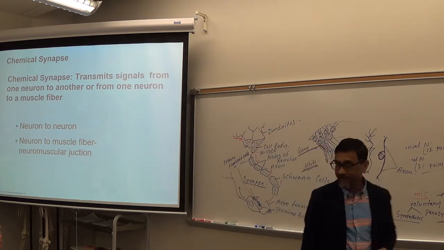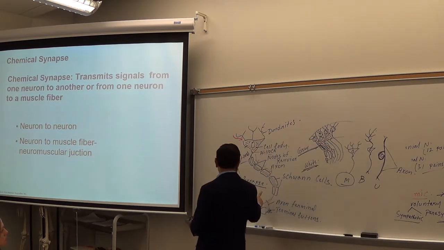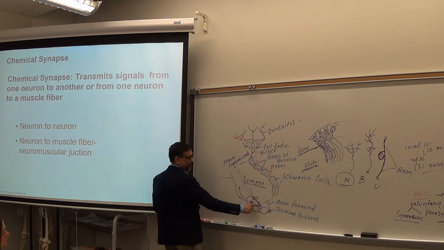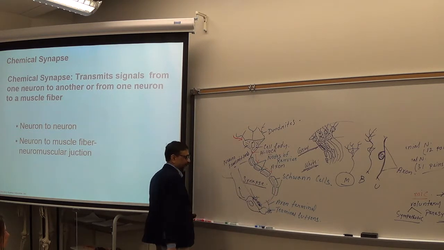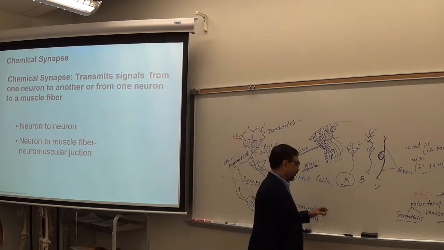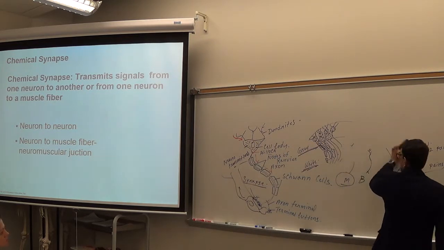Synapse. I have already shown you a synapse here, right? Axon terminal and dendrite of next neuron. Where they talk to each other, that area is the synapse. Now, synapse could be two types.